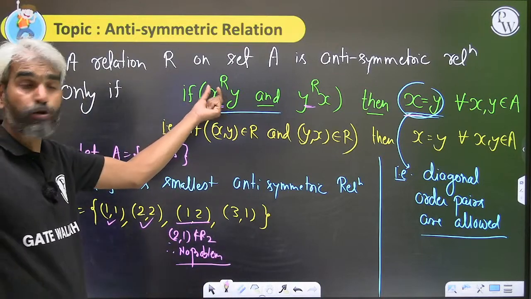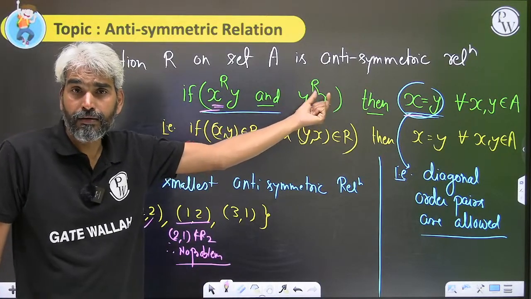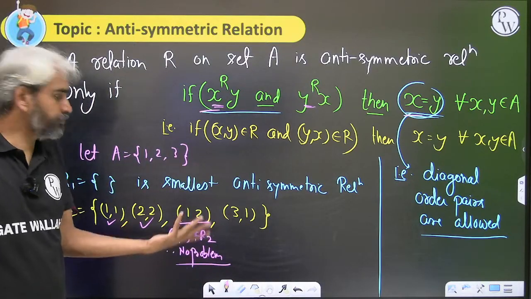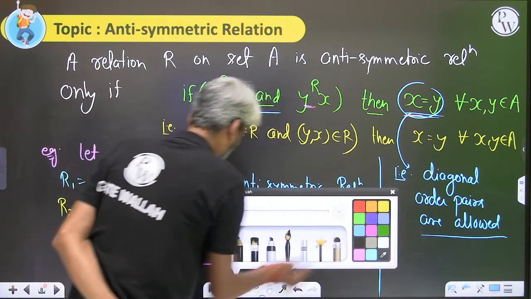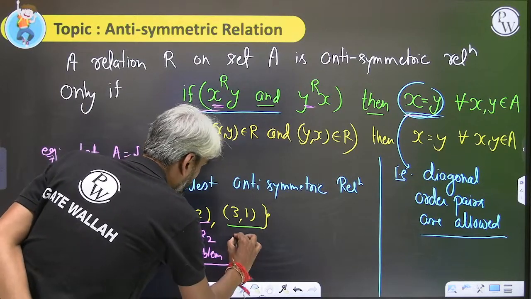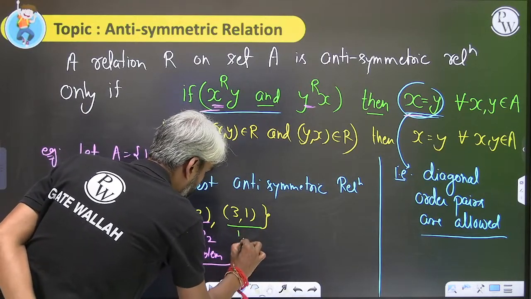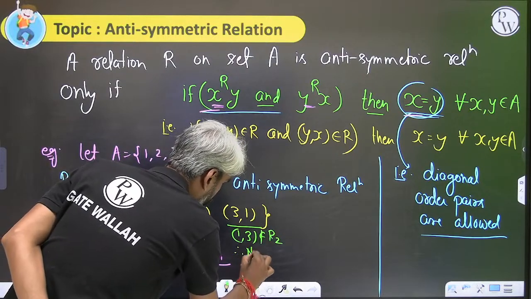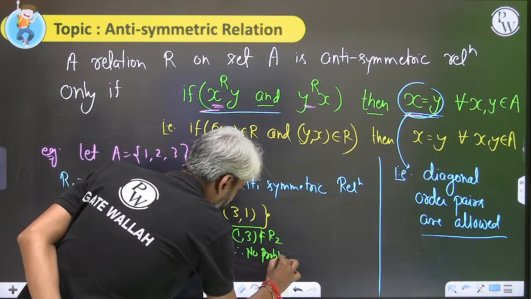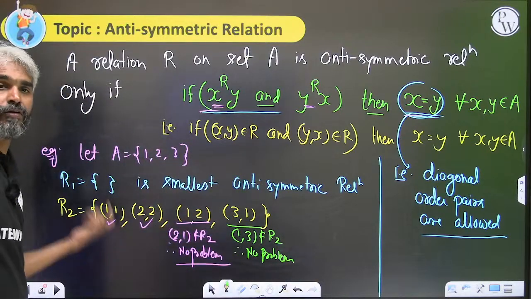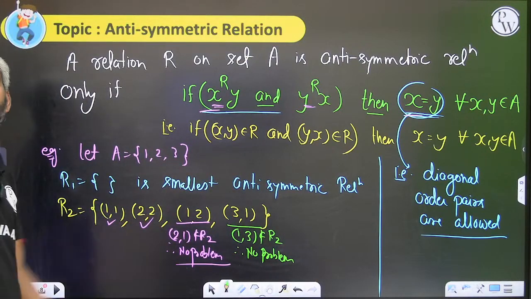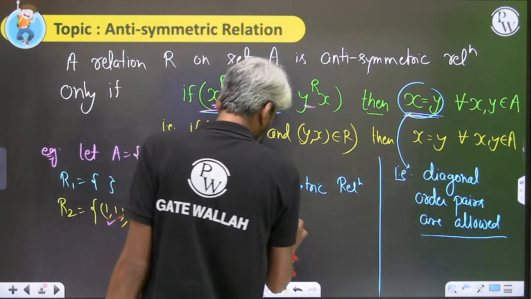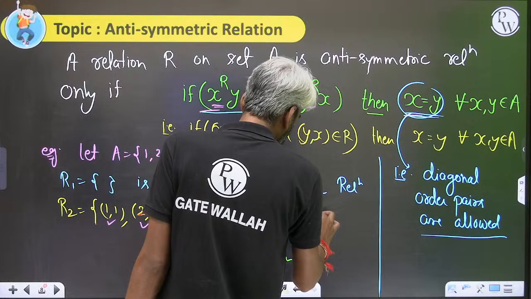Because if x comma y belongs to R, then y comma x should not belong to R, as long as x is not equal to y. So 1 comma 2 is present and 2 comma 1 is not present, so it's perfectly fine. Similarly, 3 comma 1 is present, but 1 comma 3 is not present. Therefore, no problem. None of the ordered pairs of relation R2 creates any problem. Therefore, it is an antisymmetric relation.